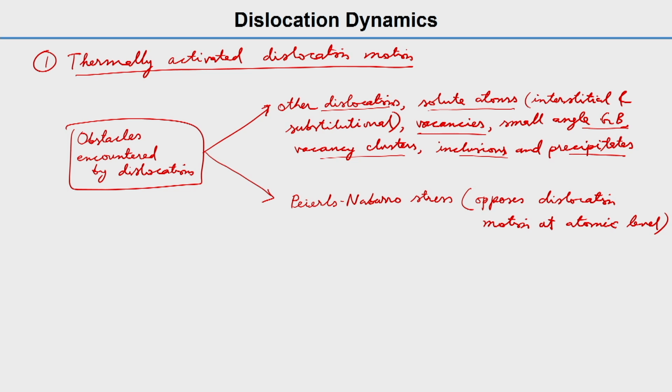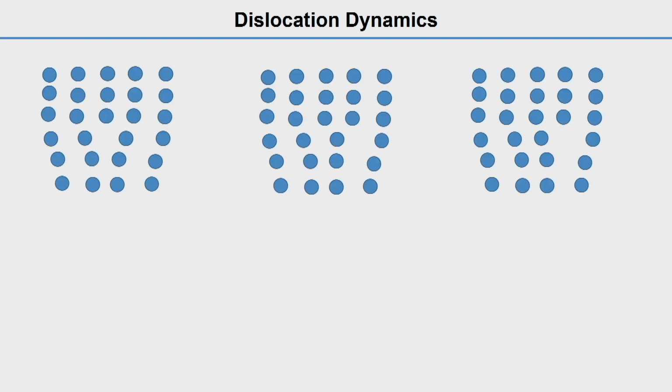It opposes the dislocation at atomic level because it involves an obstacle or barrier of, let us say, one atomic distance. So we will see what that Peierls-Nabarro stress is.